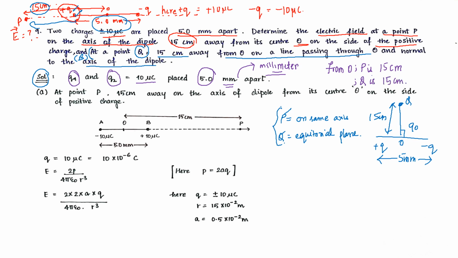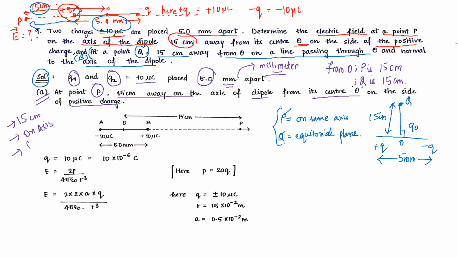Now at point P, which is 15 centimeter away on the axis of dipole from its center O on the side of positive charge, we have conditions. First, it is 15 centimeter away. Second, on the axis of dipole.